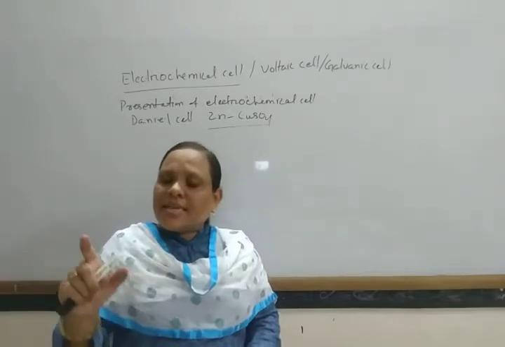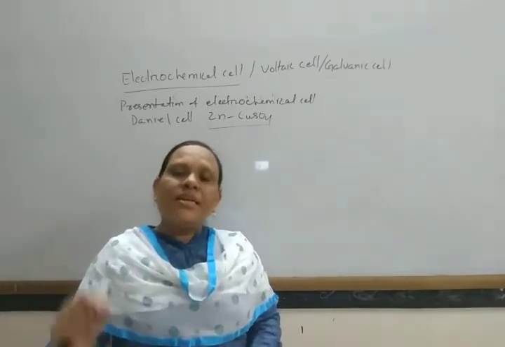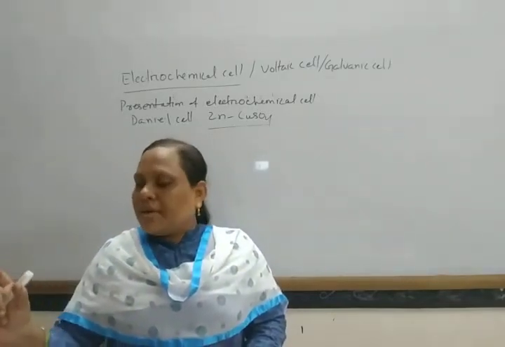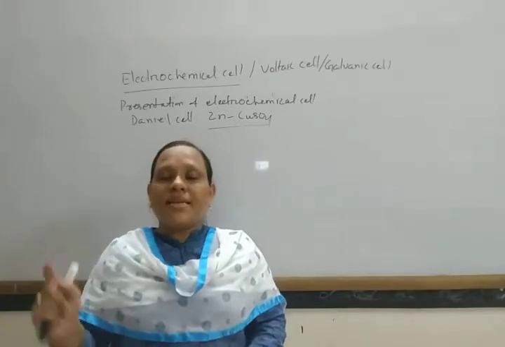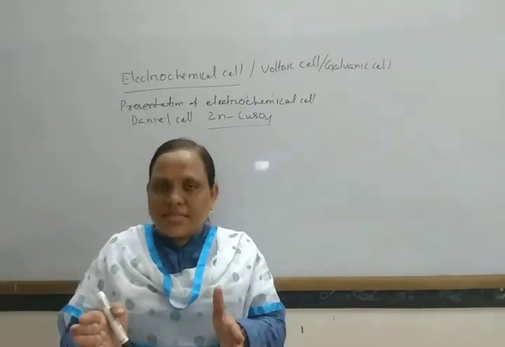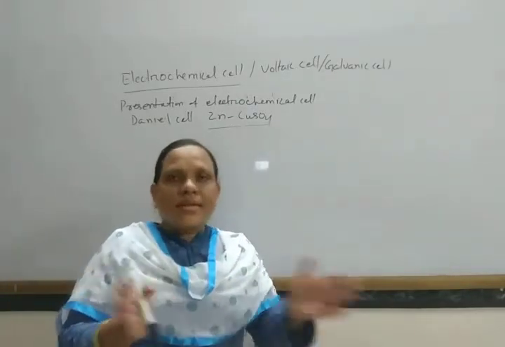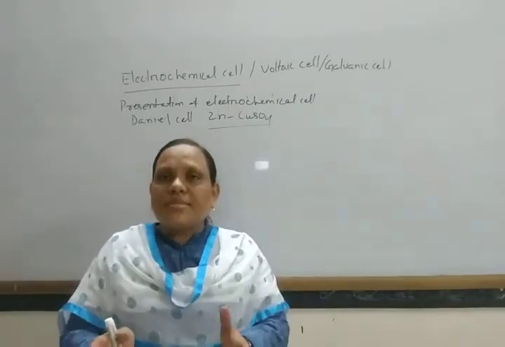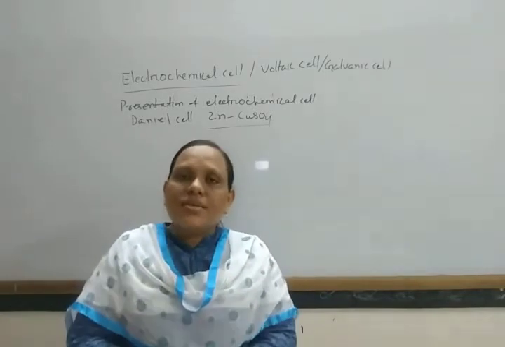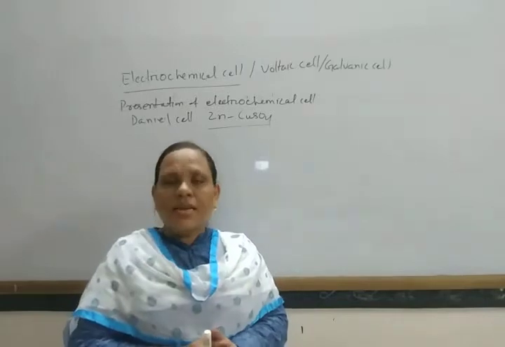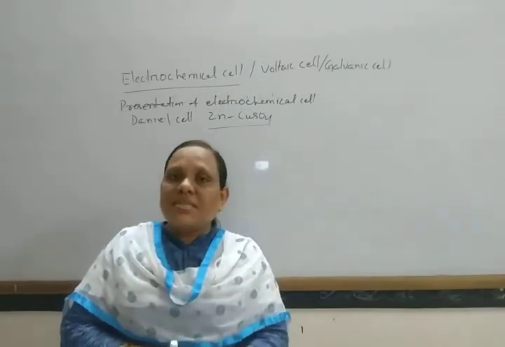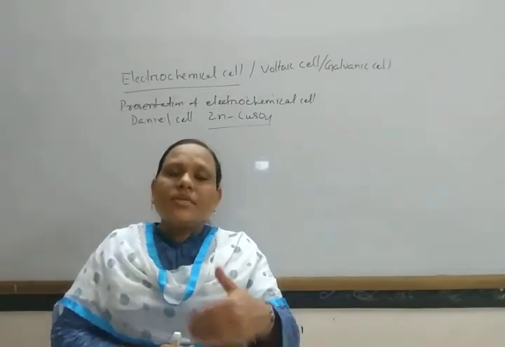In the cathodic cell, first the ion is written, then its metal or elemental form. Between the anode and cathode, generally two vertical lines are written, which represent the salt bridge.